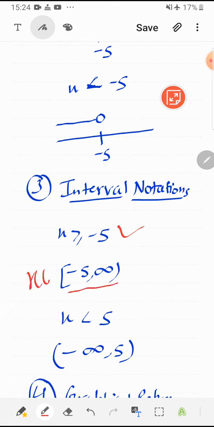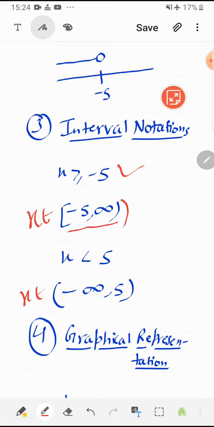As we have done, towards infinity the interval is always open. If a number is part of the solution, we place a square bracket, the closed interval, and if the number is not part of the solution, we put a round bracket, it is not counted.